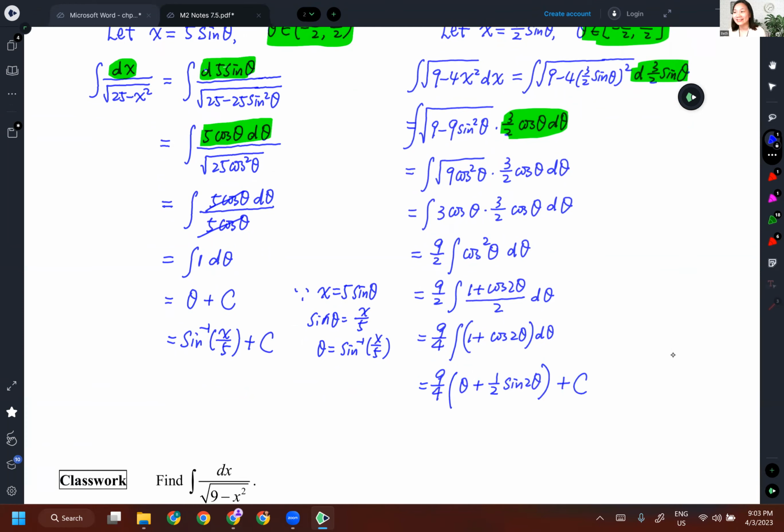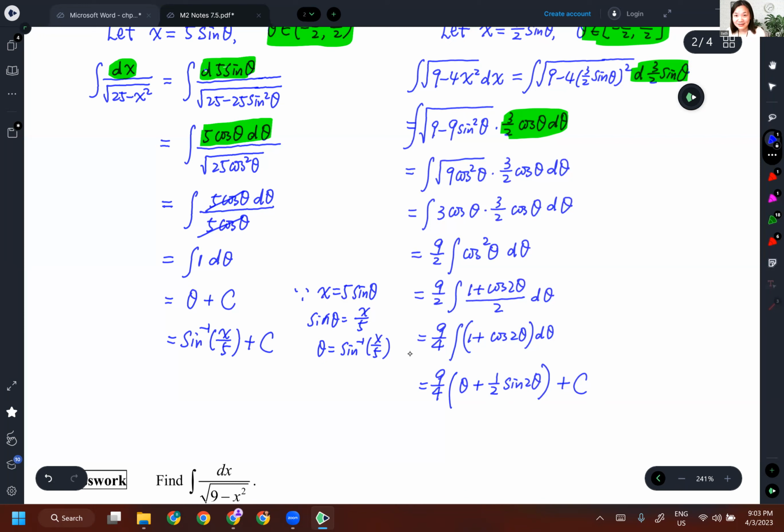Is that okay? I skipped a little step here because this is 2 theta; I still have to multiply 2 divided by 2, that kind of substitution. I hope you're fine with that now. There's a 1/2 involved. Anyway, that's my answer with theta.